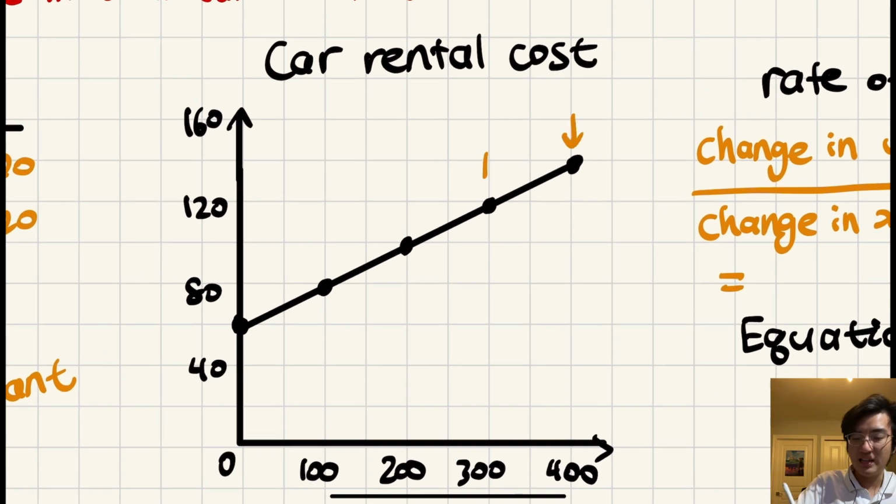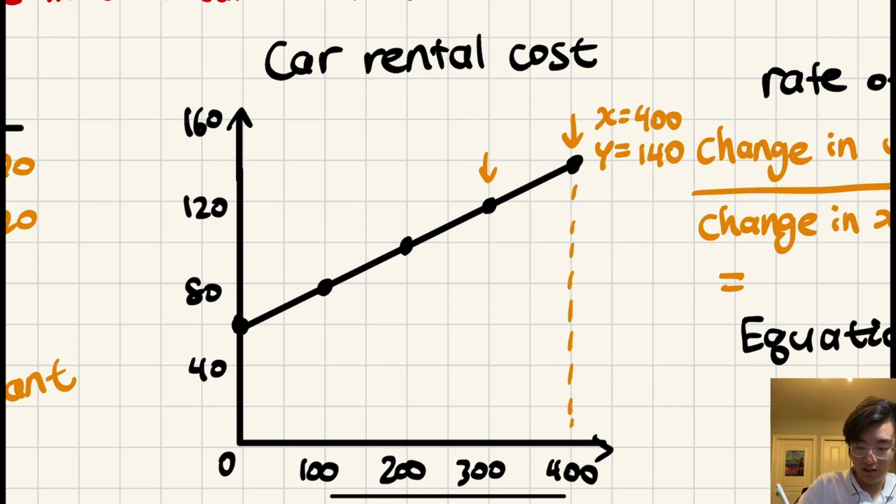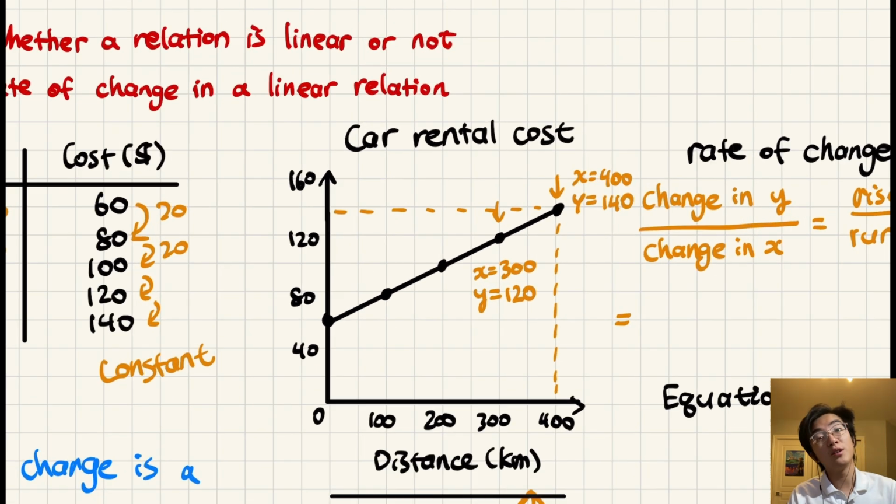So let's take this point here and this point here. This point is x is 400 and y is 140. The second point is x is 300 and y is 120. Now we just look at the changes.